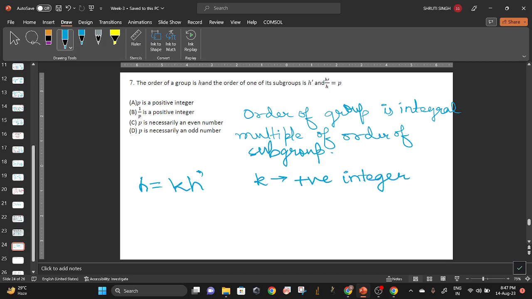Okay, now what is given here? H prime by H. So we will write it in terms of k, it will be 1 by k. H prime by H, 1 by k is given as P. Since k is a positive integer, can you write P in terms of k?